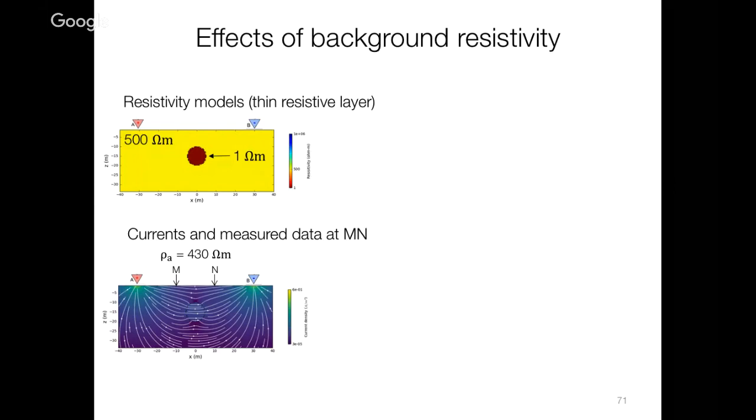I did this situation, right? 500 ohm meter background and a vector. So it was great. What happens if I take this region and put in, let's say, a really resistive layer?